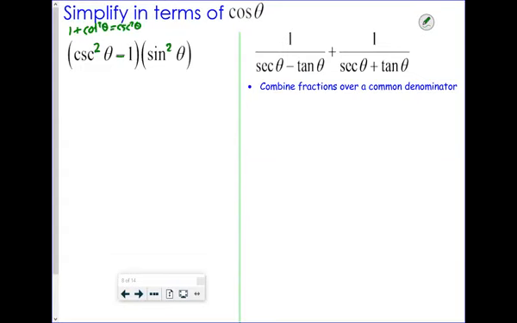So if I've got minus 1, I'd be taking off 1 from both sides, as we just did. That factor there can be replaced with cotangent squared theta. And yeah, I could replace sine squared theta using a Pythagorean identity, but now I'm looking at the fact that I've just brought in a cotangent. And so I'm going to leave that one for now.